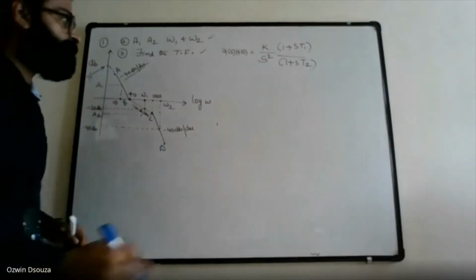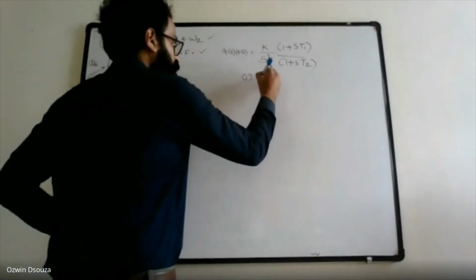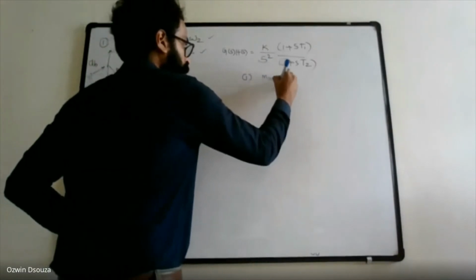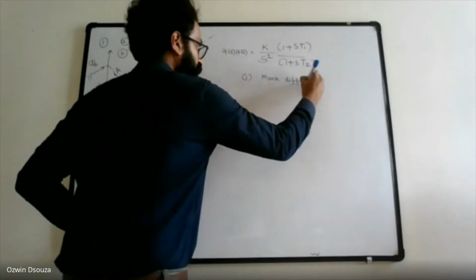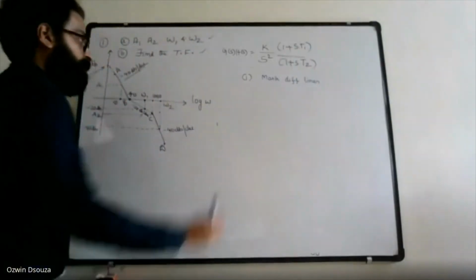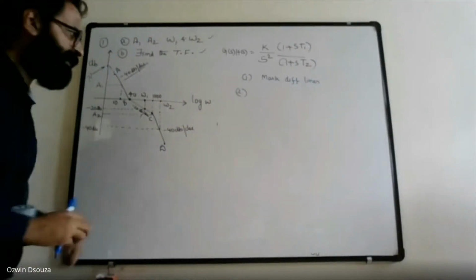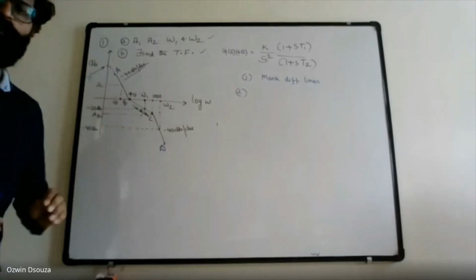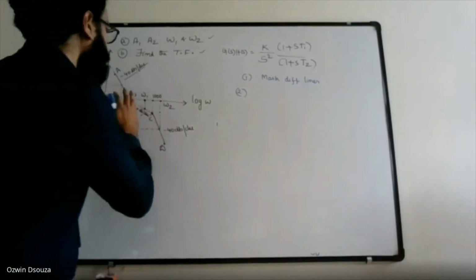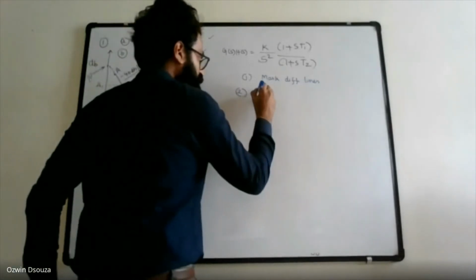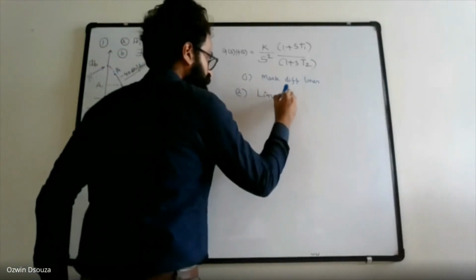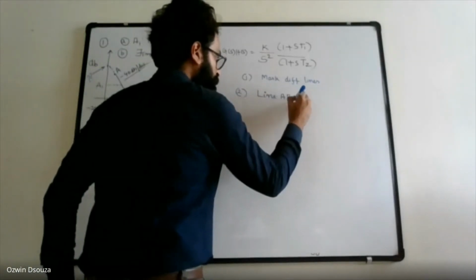So this is your first step: to mark different lines. The second step is to handle these lines individually. So let's start with the first line, line AB.